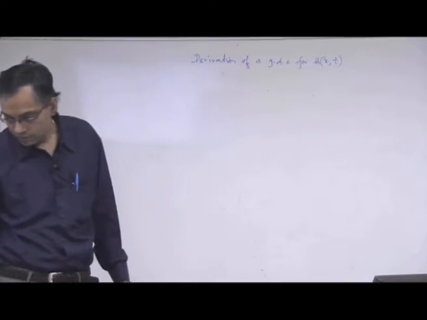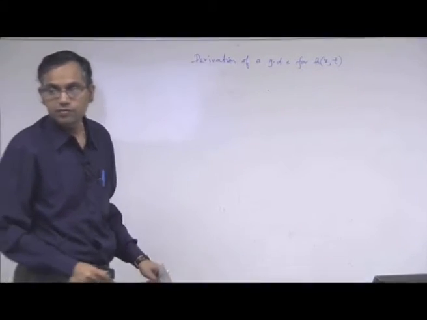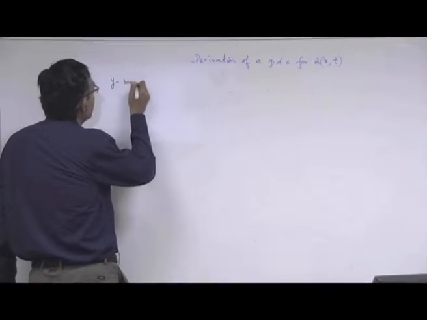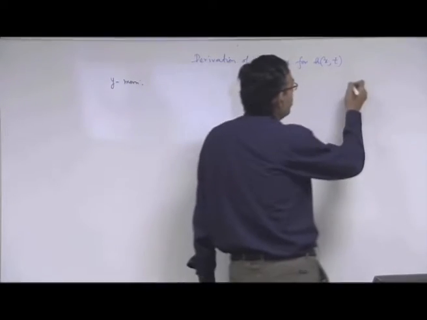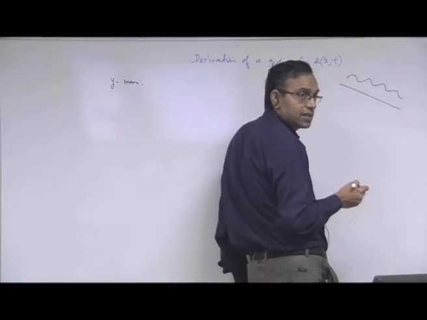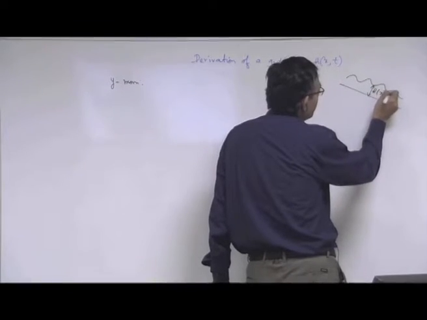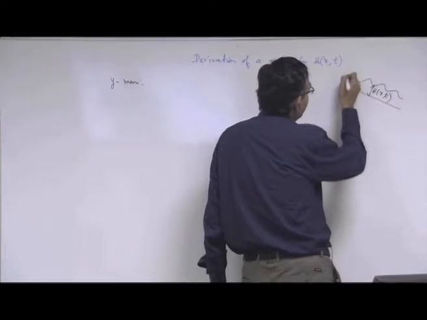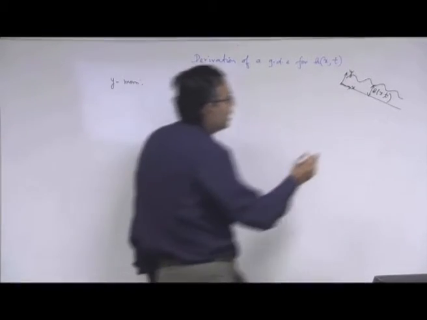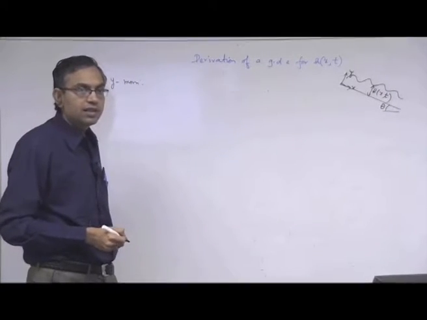So we will start with the y momentum equation. What is the physical scenario? You have a solid boundary over which you have some interface, a thin film h as a function of x and t, and you have x and y axes set up in this way, where the angle of inclination of the inclined plane with the horizontal is theta and g is acting vertically downwards.